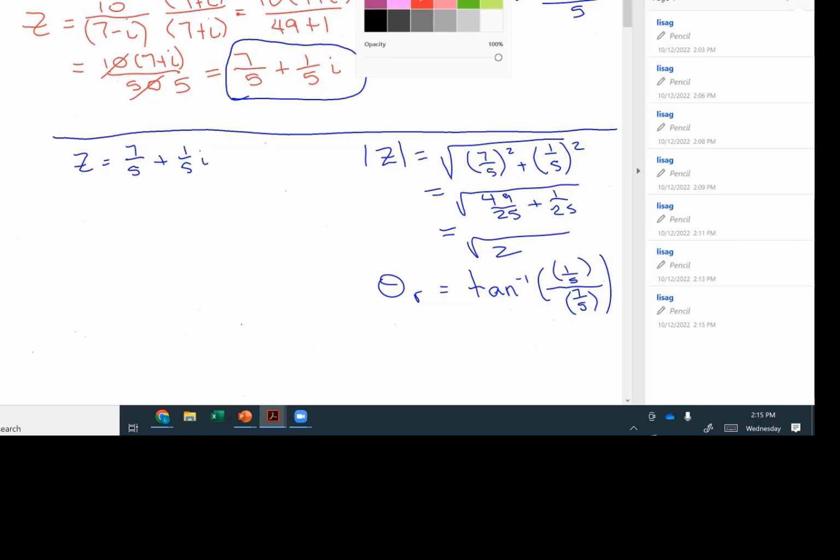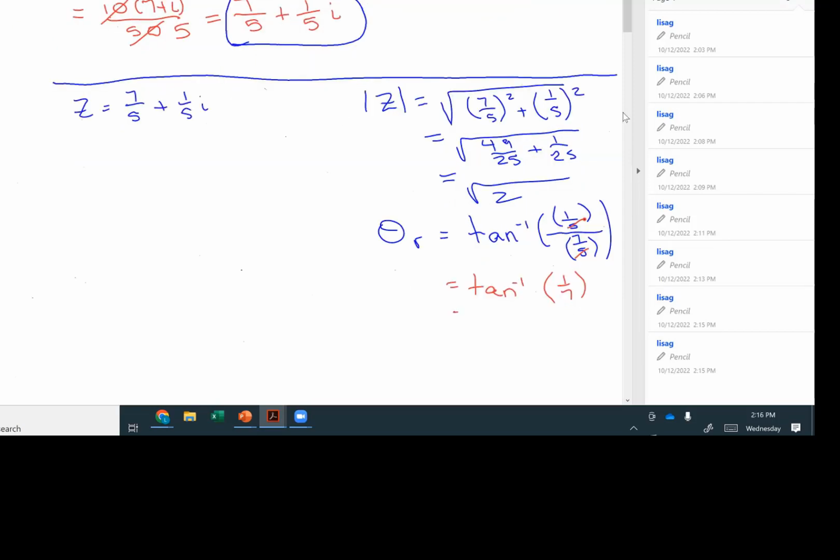If I multiply the top and bottom by 5, these will cancel, and I'll get the inverse tan of 1/7, which is equal to 8.13 degrees.